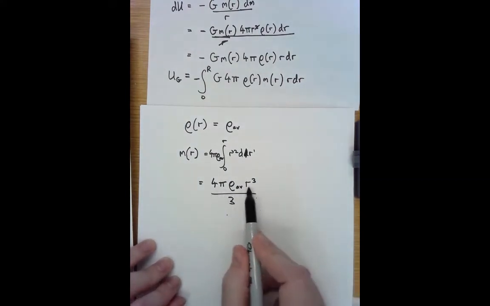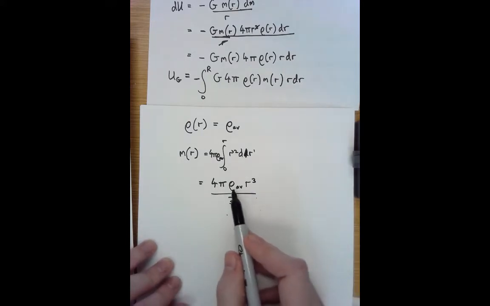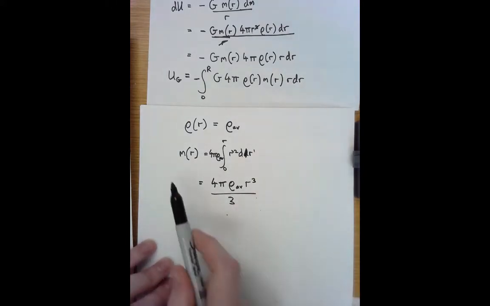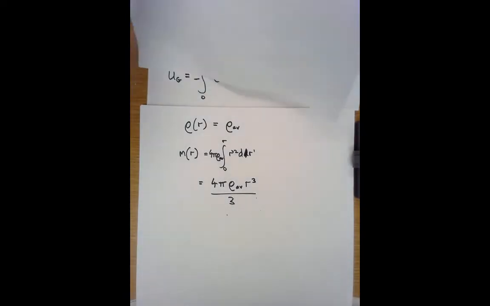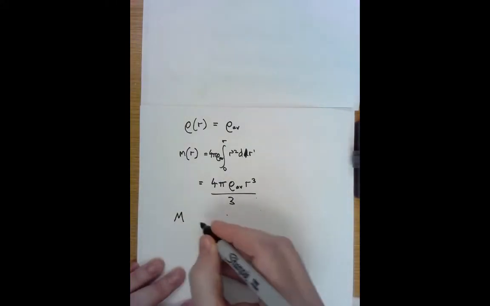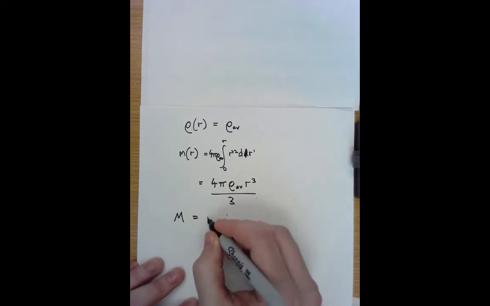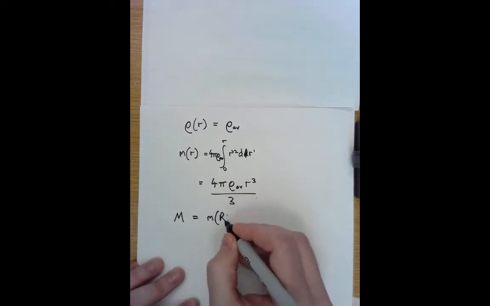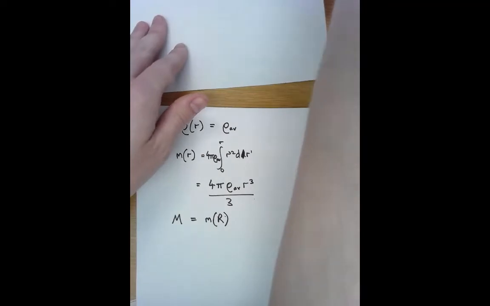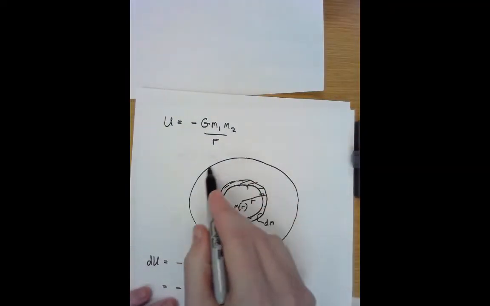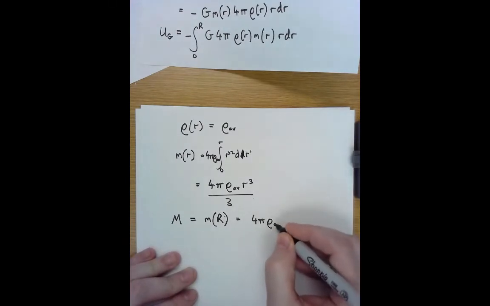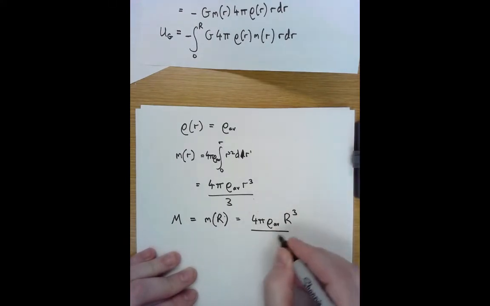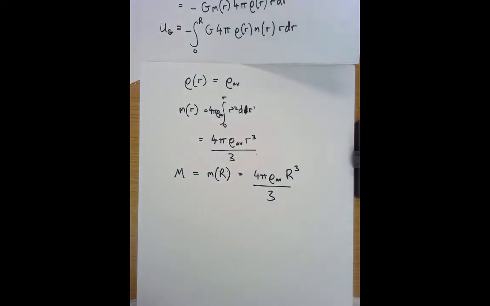This is, of course, just the volume of a sphere, 4 pi r cubed over 3, times the density. So this is just mass is volume times density, as we would expect the result to be for a sphere of constant density. The total mass of the star is just the mass inside the radius big R, in other words, the total mass inside the surface of the star. So that is just 4 pi rho average big R cubed over 3.